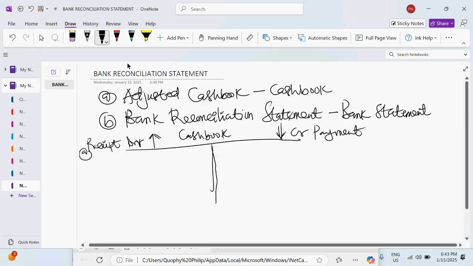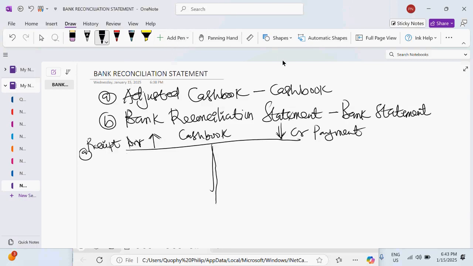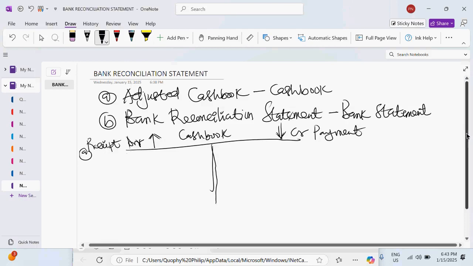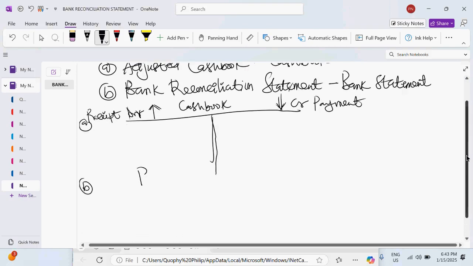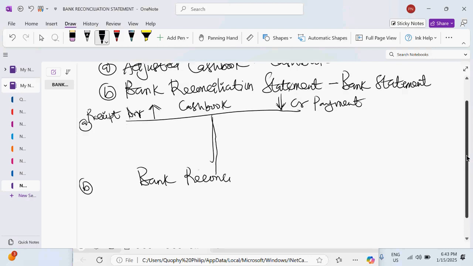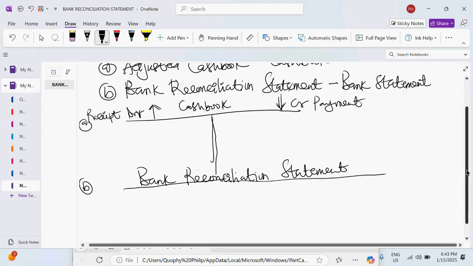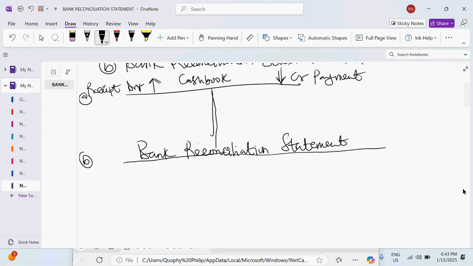And then we move to talk about the bank reconciliation statement.